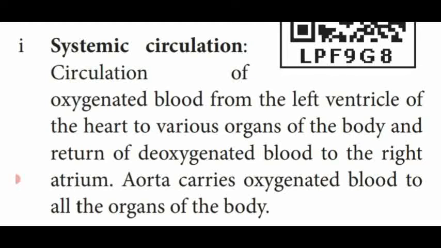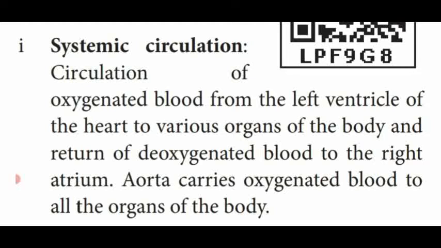And in return, deoxygenated blood to the right atrium. At the same time, which one takes place? On one side, the oxygenated blood leaves the heart to different organs of the body. In which chamber? Left ventricle. At the same time, in return, deoxygenated blood to the right atrium.